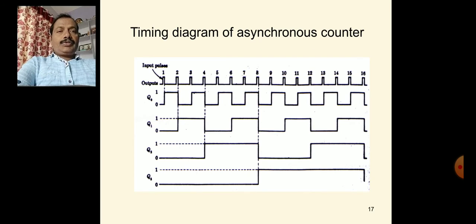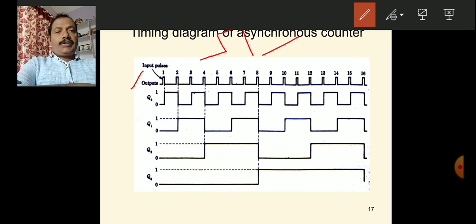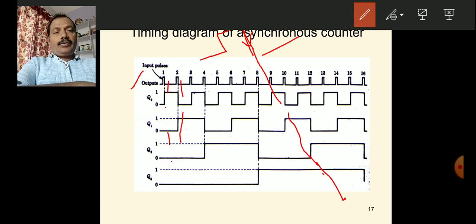So you see the timing diagram of the asynchronous counter. You see the main clock input is this. For each negative transition, that is the negative edge, you have to observe this negative edge only. At each negative edge, we have drawn dotted lines like this.